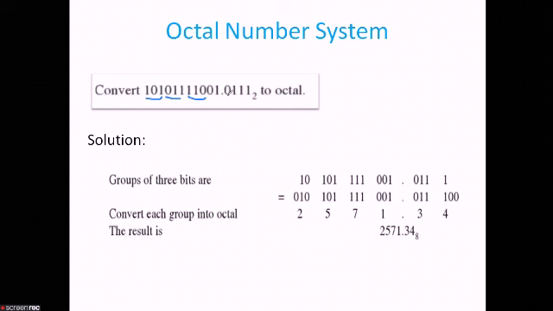And here also, suppose we are making the groups of 3 bits from here, that is 0 1 0 and 1 is left. So this is not possible. So how do we do it? You have to just add zeros before the point and after the point. Now you know that when you add zeros before the point or after the point, the number remains the same. So we can add the zeros before the point and after the point.